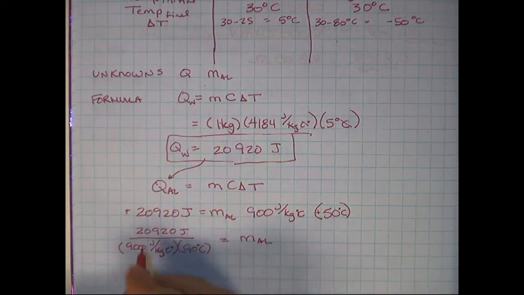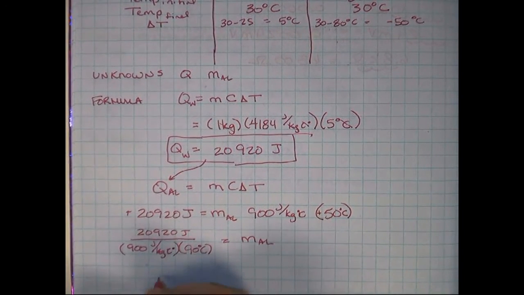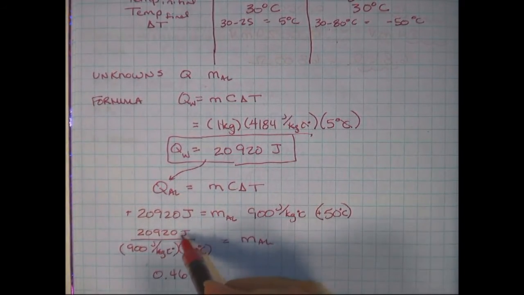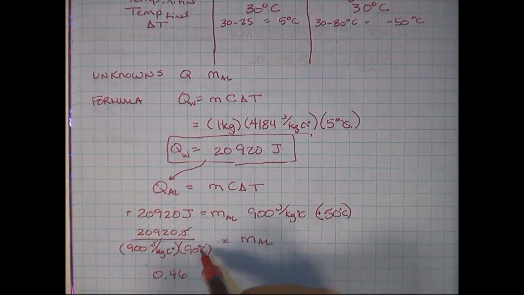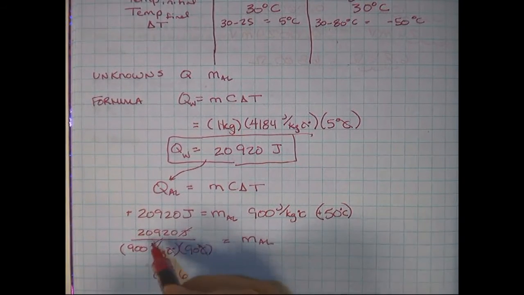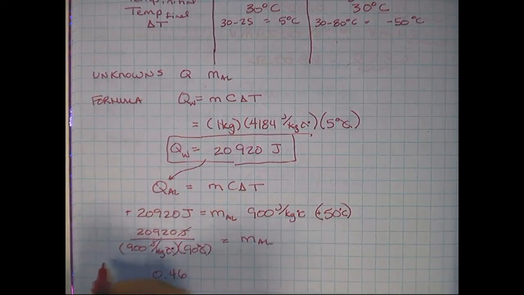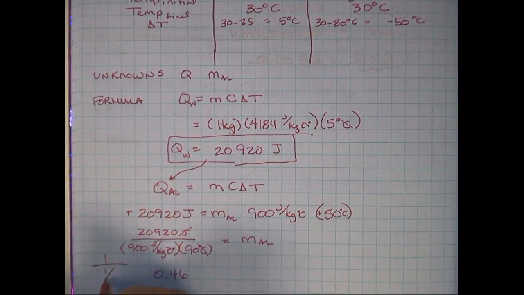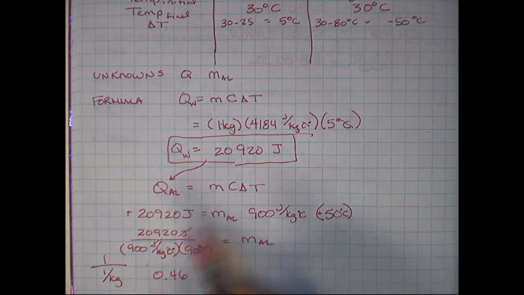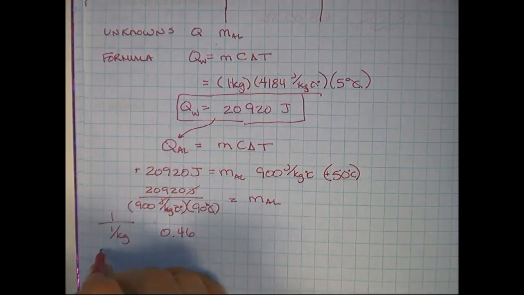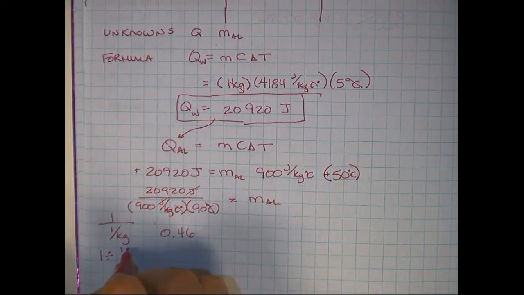So put this in our calculator and we get 0.46, and let's check the units. Joules and joules, Celsius and Celsius, leaving, I'm going to write the units over here, 1 on top over 1 over kilograms. Well, we know from fractions that this is really like this with fractions.